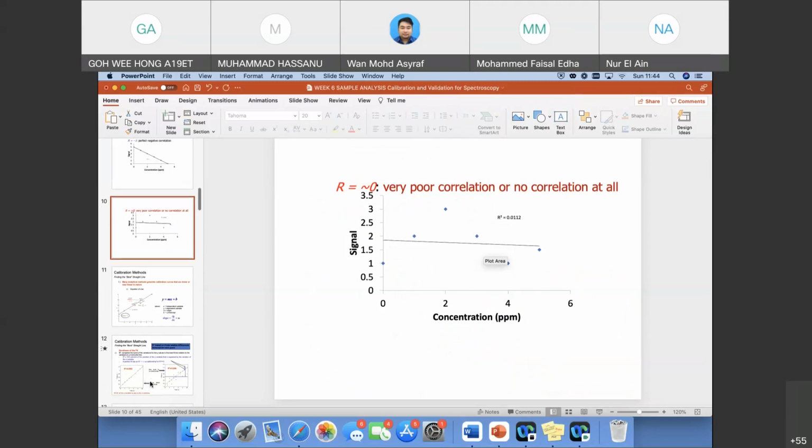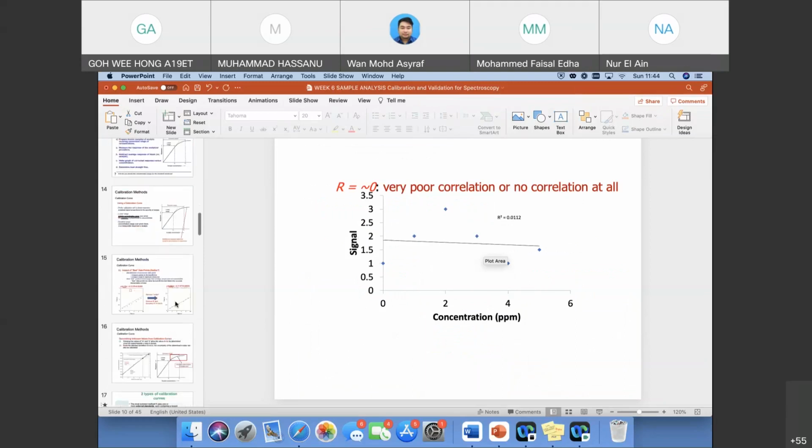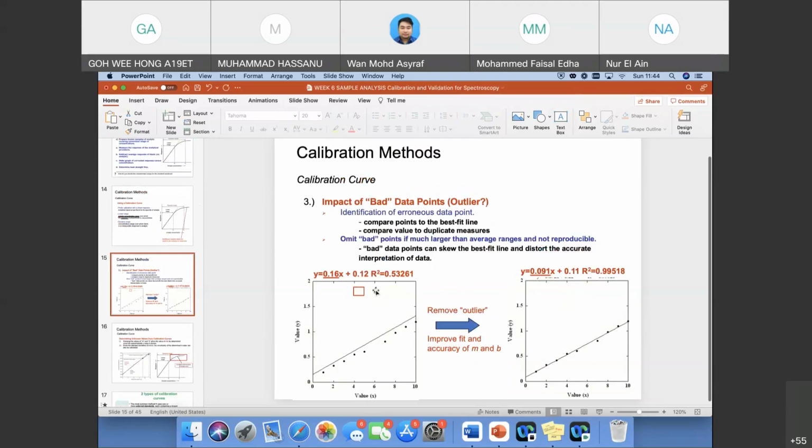For this one, only one point does not fit with all of the other points. So for that one, we can call it an outlier.